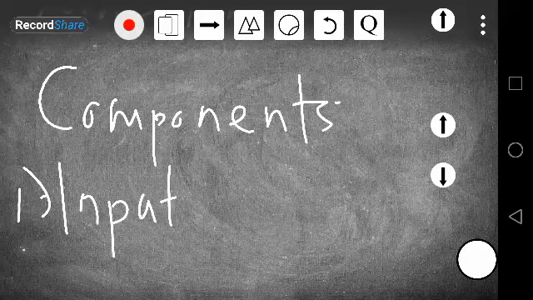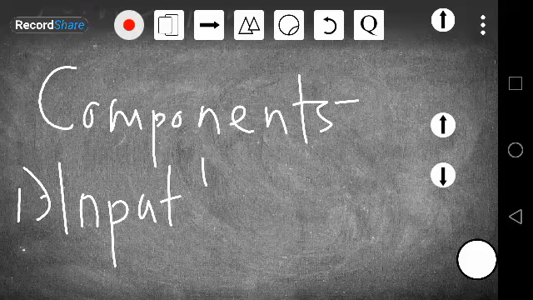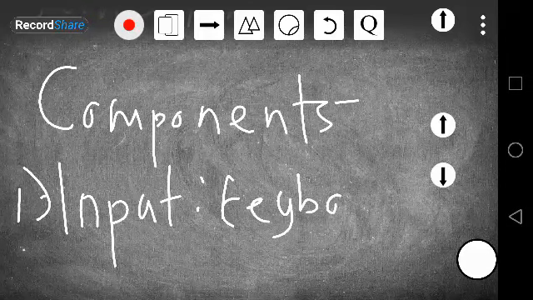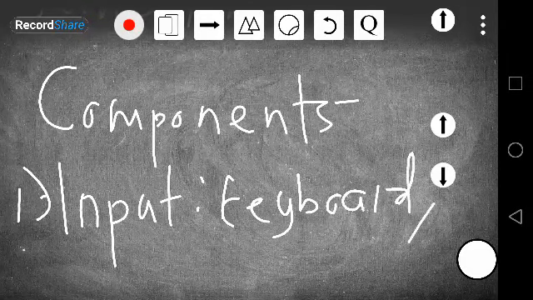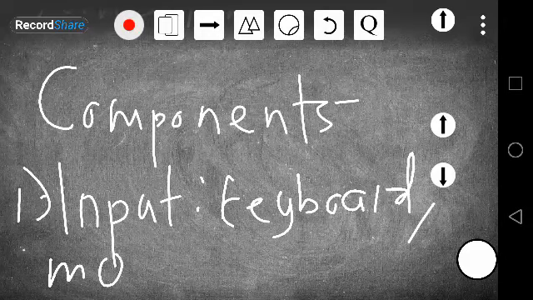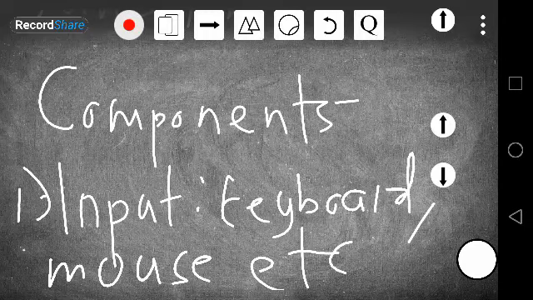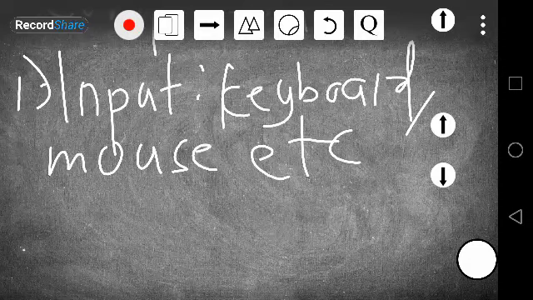This includes things like keyboard, mouse, etc. They're just mediums through which information is entered into a computer.